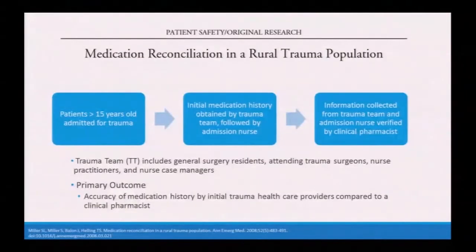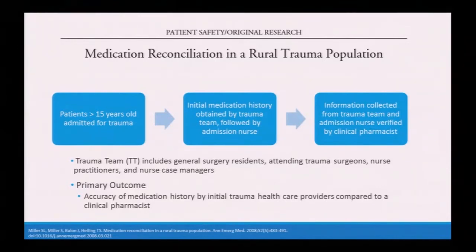And then the last study I wanted to highlight was a medication reconciliation study. They looked at patients who were over the age of 15 admitted for trauma. Their initial medication history was obtained by the trauma team, which included general surgery residents, attending trauma surgeons, nurse practitioners, and nurse case managers.